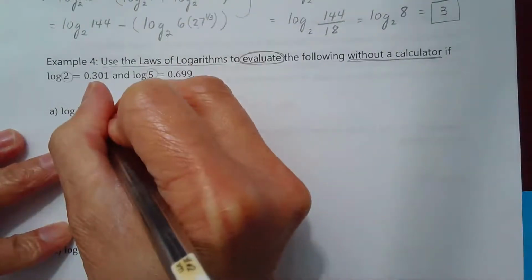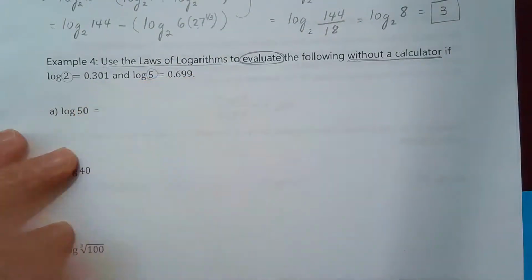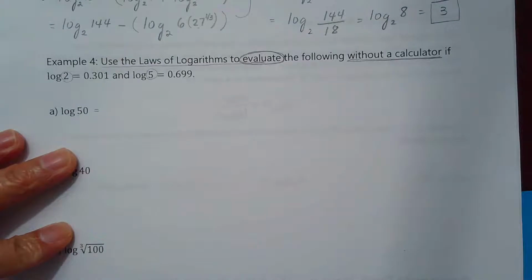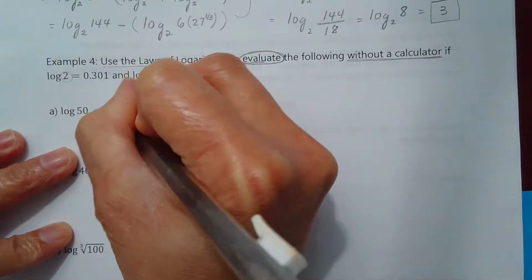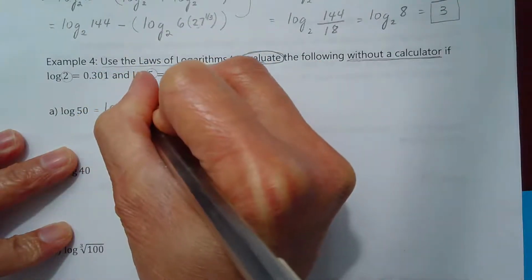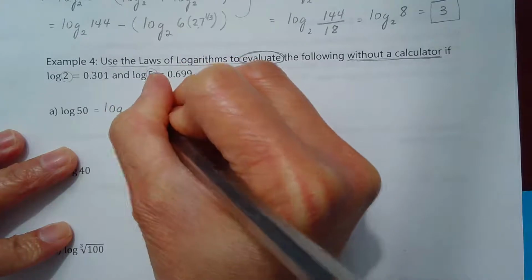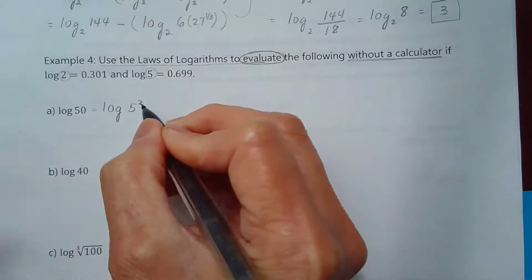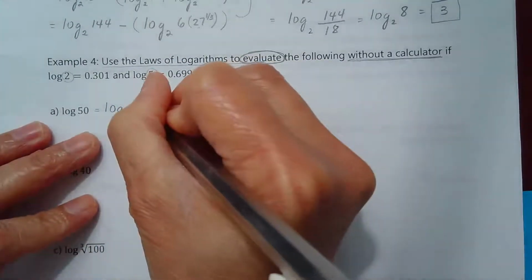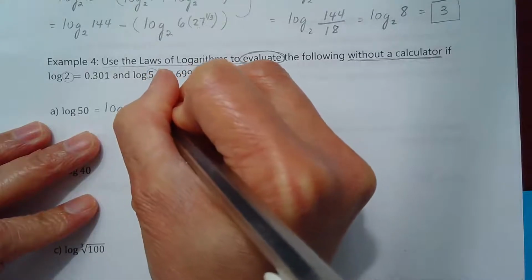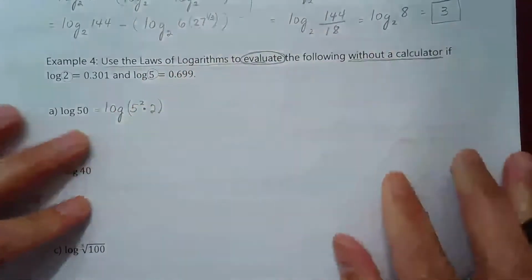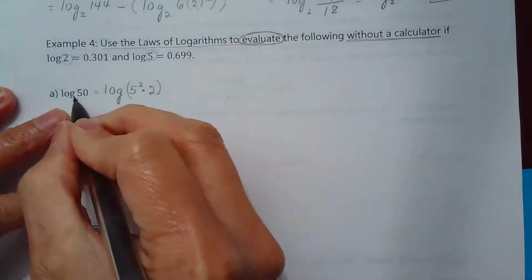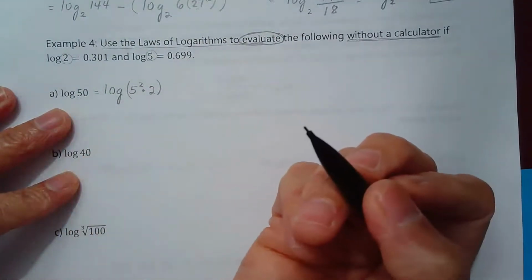We can say log of 50 would be 5 squared times 2. So I can just say log of 5 squared, so 5 squared will give me 25, times 2. And this one here is base 10, so I don't have to write that.